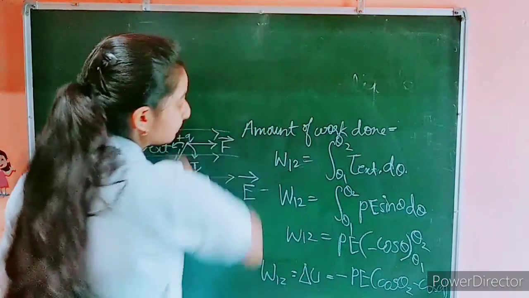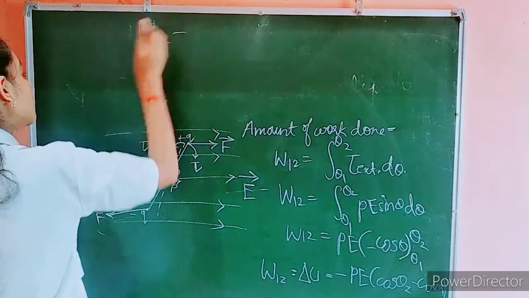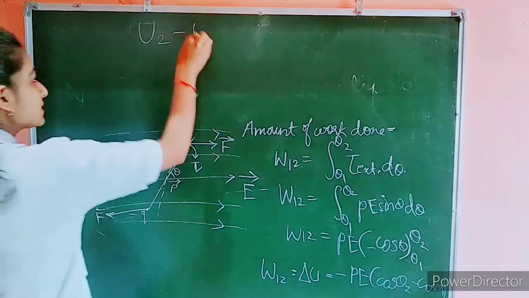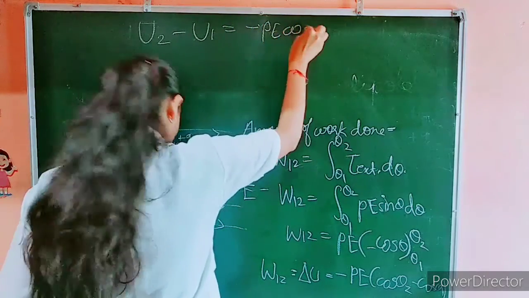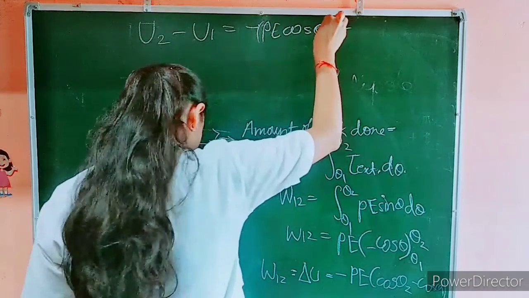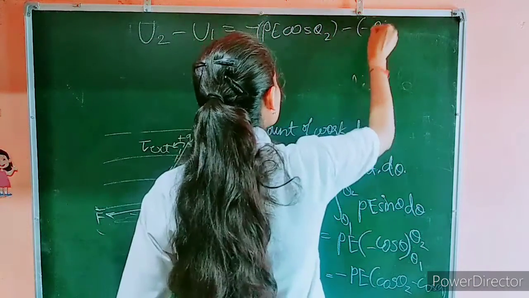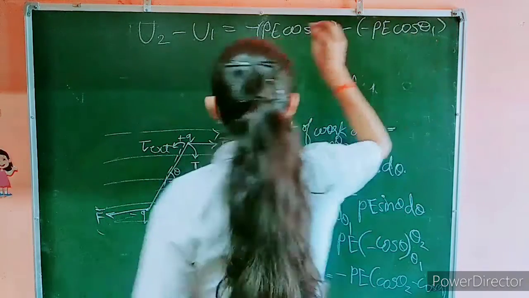So, the potential difference U2 minus U1 is equal to minus PE cos theta 2 minus of PE cos theta 1.